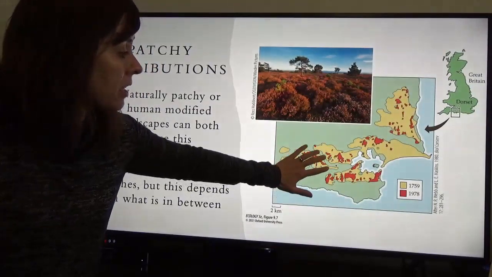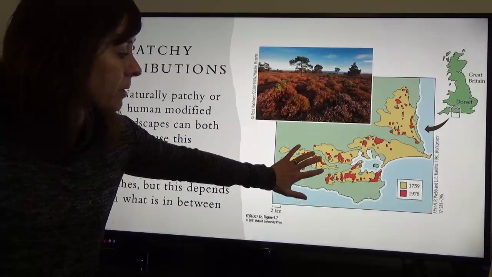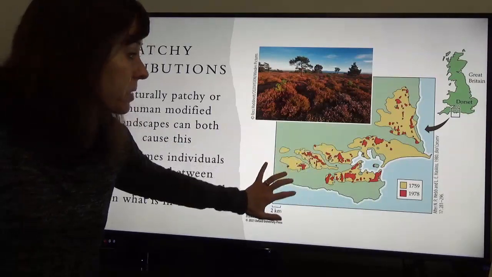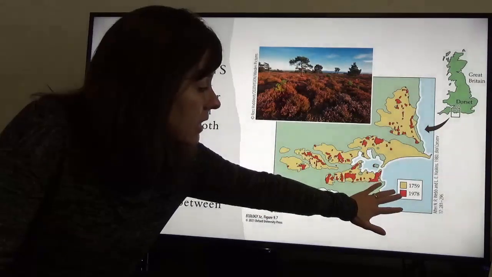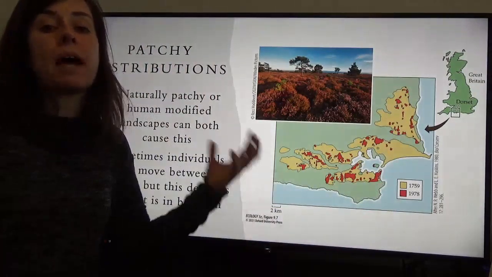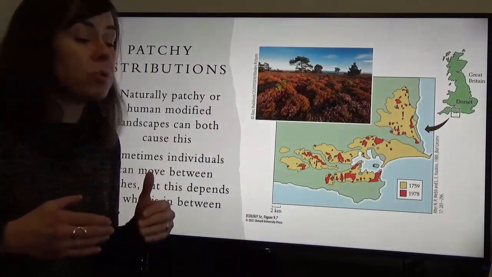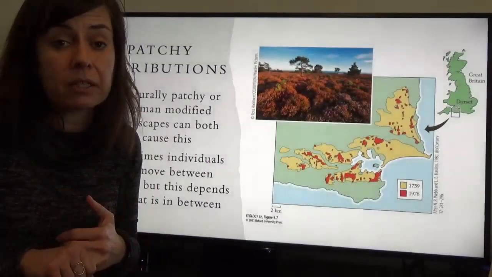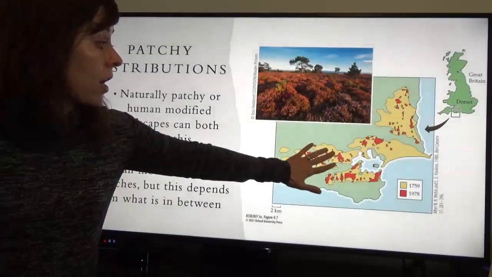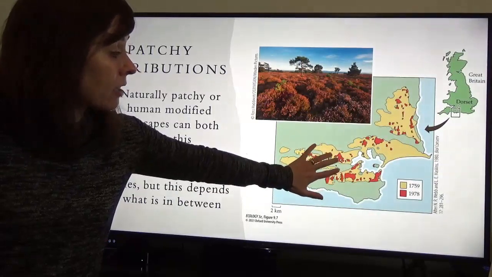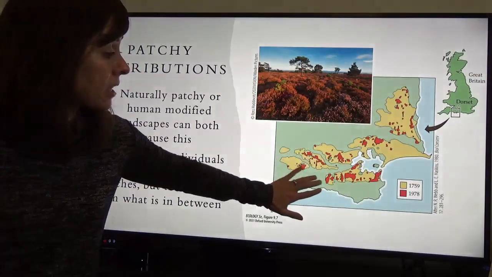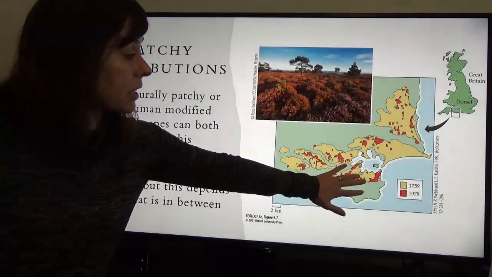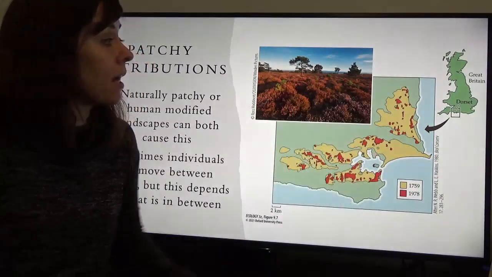There was some patchiness in the landscape, but pretty large patches and pretty close together. By 1978, those patches had been reduced greatly because of urbanization and farming. So by 1978, those patches were restricted in the landscape to fairly small and isolated patches.